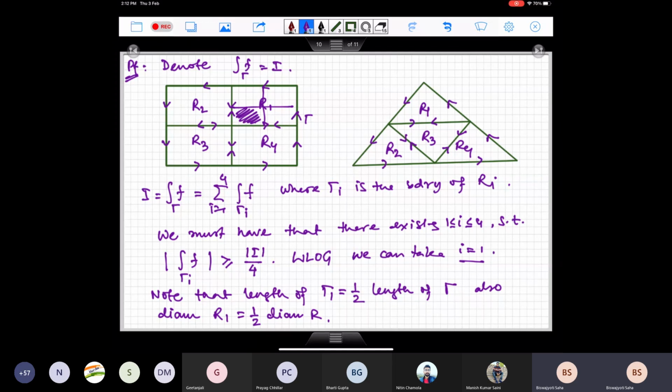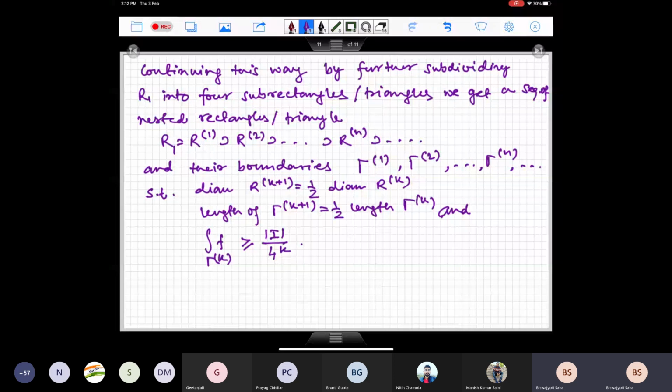If you put both these together, then over this inner rectangle the integral will be bigger than or equal to mod I divided by 4 squared. If you continue doing like this, you are going to get this nested sequence of rectangles or triangles with these properties. Now, I'm sure you have studied the Cantor intersection theorem.